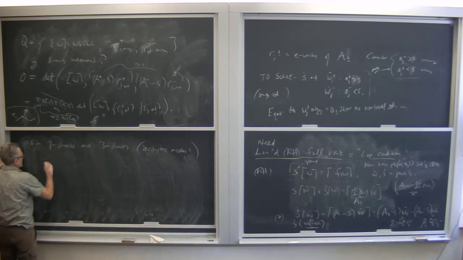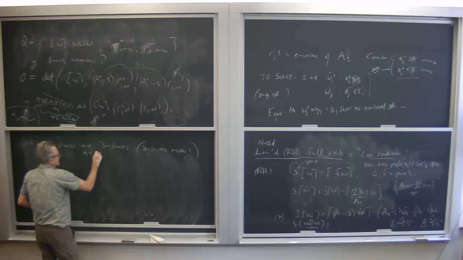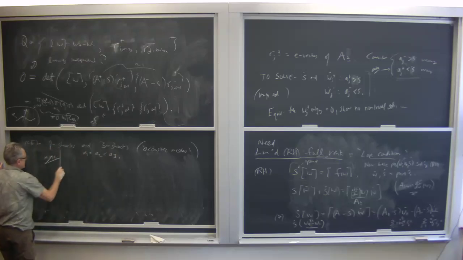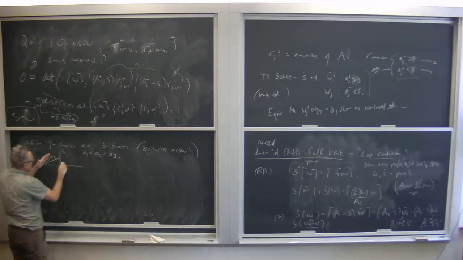The one shock has characteristic A1. I'm going to order them, taking A1 less than A2 less than A3. And here's speed S. So this is the one family. It will be compressive.